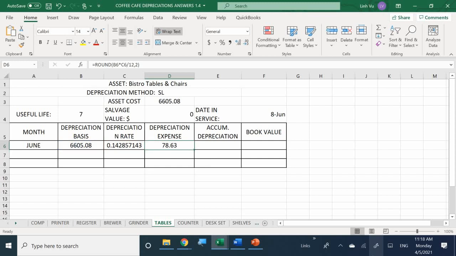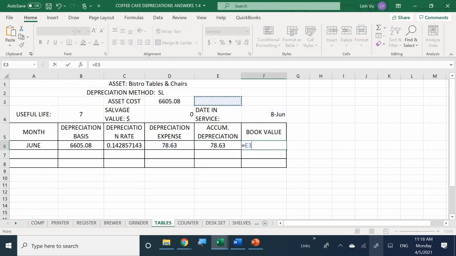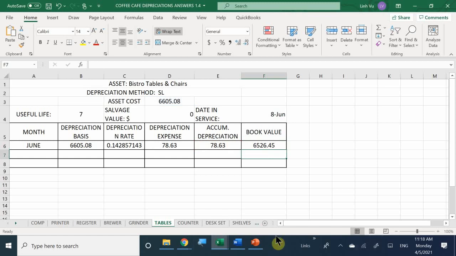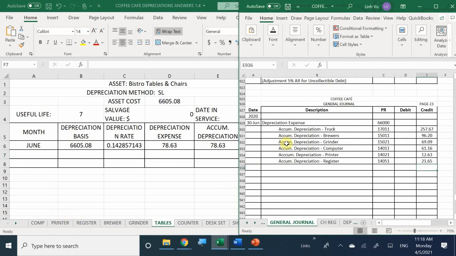$78.60. Okay, you ran it up too high. So it should be $78.63. I'm going to journalize this real quick. We have accumulated depreciation, tables.